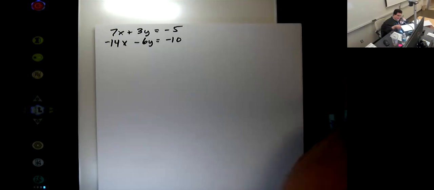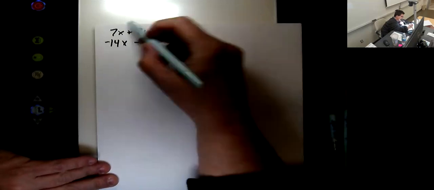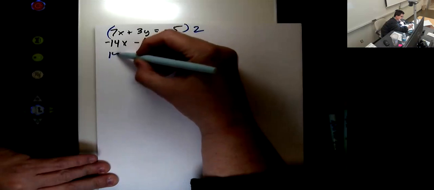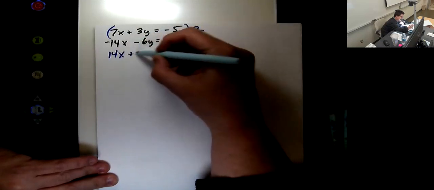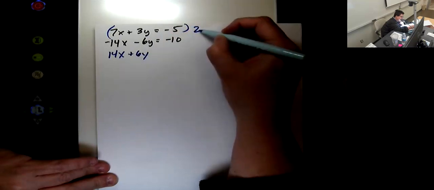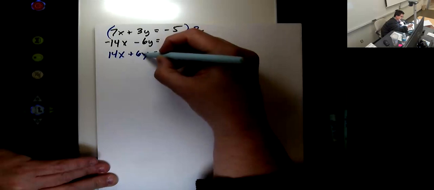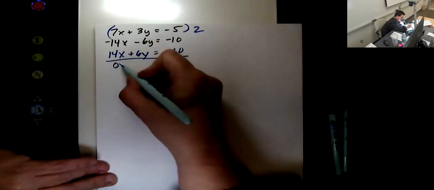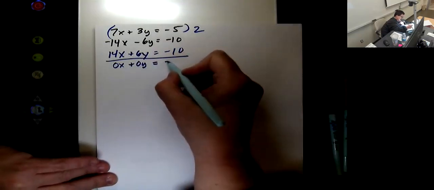All right, so if I multiply the first one by 2, I get 14x, 7 times 2 is 14x. 3y times 2 is 6y. And 2 times negative 5 is negative 10. And when I add these up, I get 0x plus 0y equals negative 20.